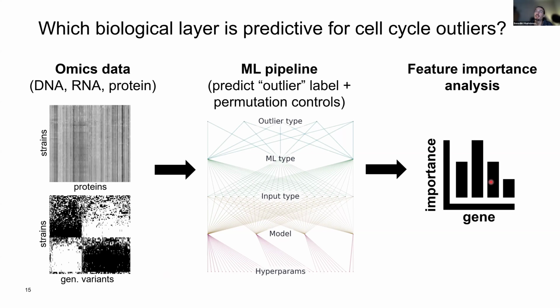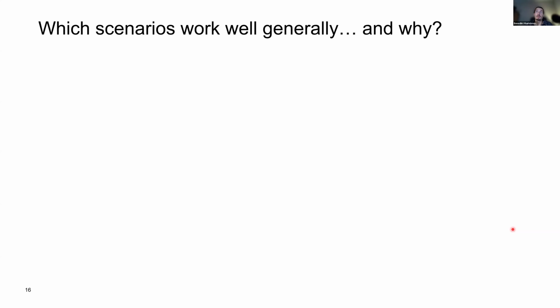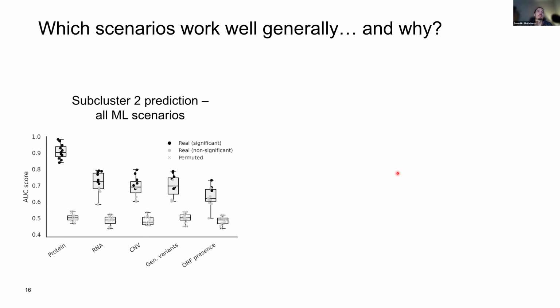So we get these gene level scores of how important the genes are to predict if a strain is going to have an outlier like cell cycle or not. So did this work? The answer is definitely yes. We could find lots of scenarios where we were surprised of how well you can discriminate between cell cycle outliers and no outliers.